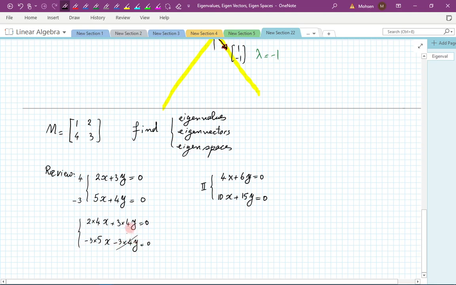When you add them, of course, these two cancel. That was the idea. Then you factor and get 2 times 4 minus 3 times 5, times x, equal to 0. Now you notice that this is 8 minus 15, and that is not 0. So the only way this can be true is that x has to be 0. You go ahead and do this a second round, and this time eliminate x.